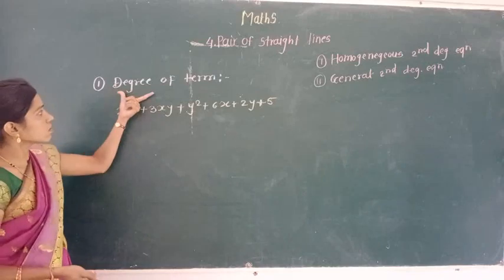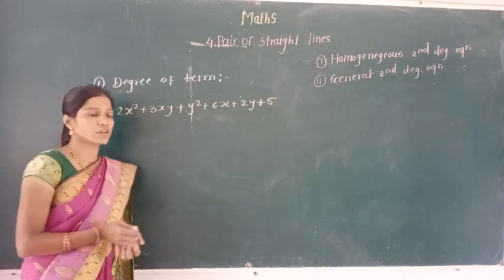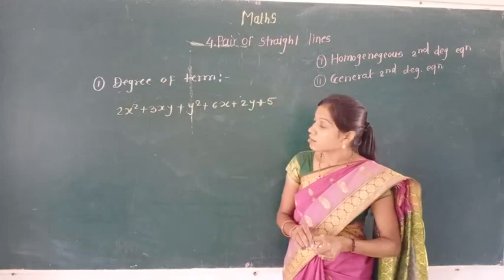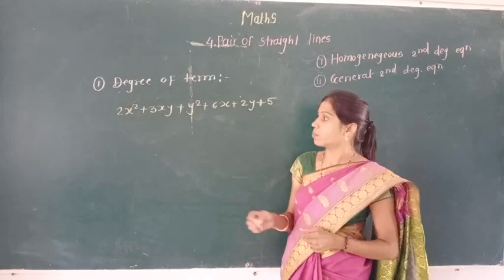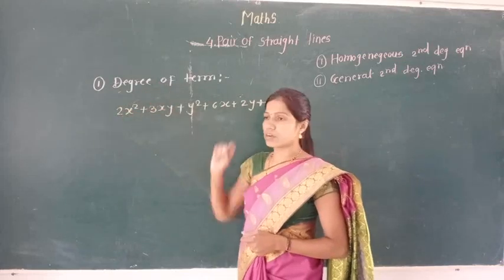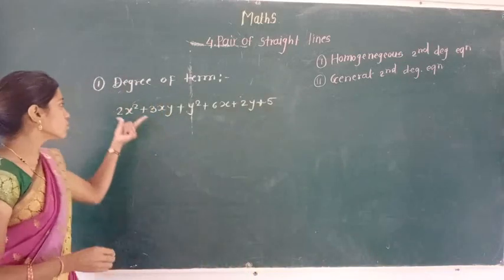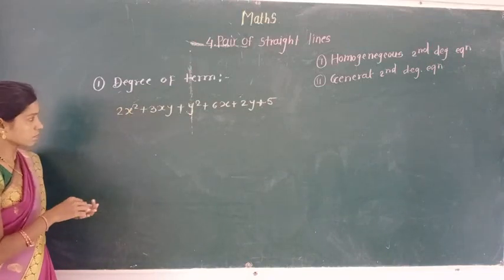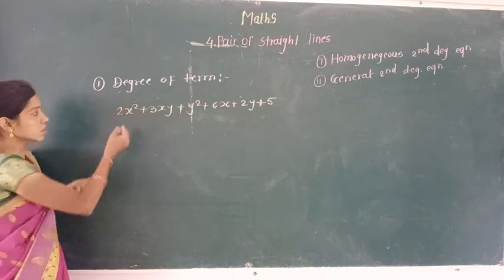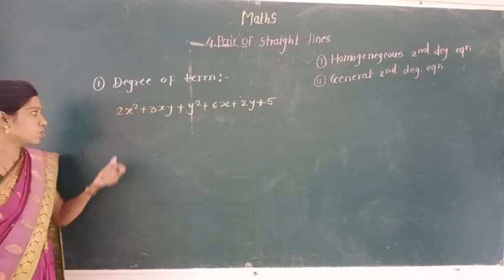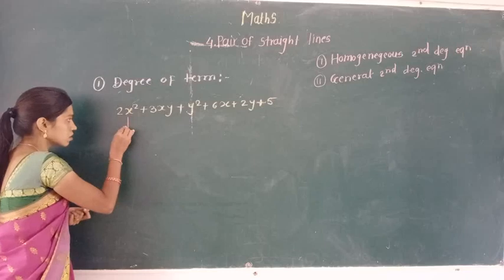Now see what the degree of a term is. The sum of the indices of all variables in the term is known as the degree of the term. Here is the first term, 2x square, and the degree of the term is the power of the variable, which is 2. So the degree of this term is 2.